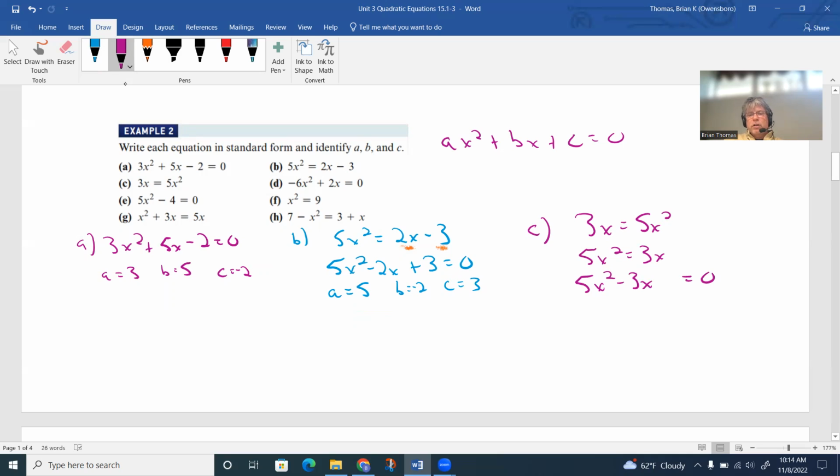Notice how the quadratic term is present, the linear term is present, but the constant is not present. That means it actually was a 0, because we usually don't write plus 0 down. The constant is a 0 if it's not present. So then we can identify that the a is going to be a 5, the b is going to equal -3, and since there wasn't a constant, it's actually a 0.